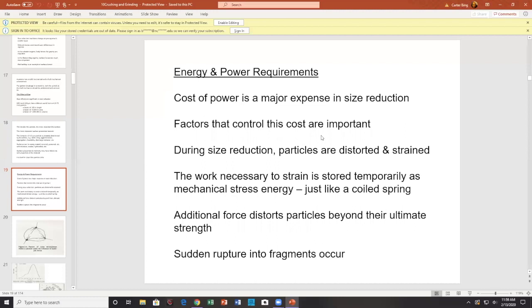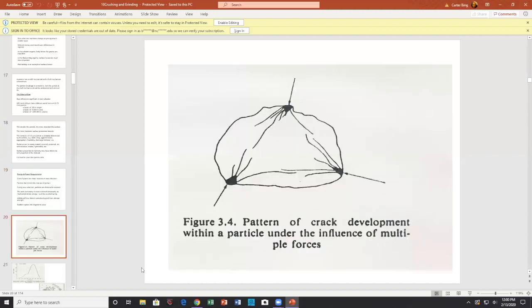Factors that control this cost are important. Particles are distorted and strained. The work necessary to strain is stored temporarily as mechanical stress. Additional forces distort the particles beyond the ultimate strength. Sudden rupture occurs. Anyway, let's take a look at this.